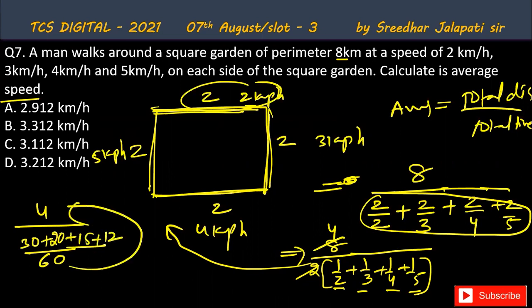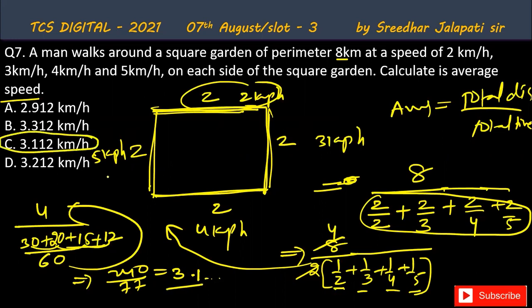I can bring this 60 to the numerator, so it becomes 240 by 77. On simplifying, you'll get 3.1 something. So the answer is option C, 3.112 km per hour. That is his average speed. A simple question again. Average speed is total distance traveled by total time taken.